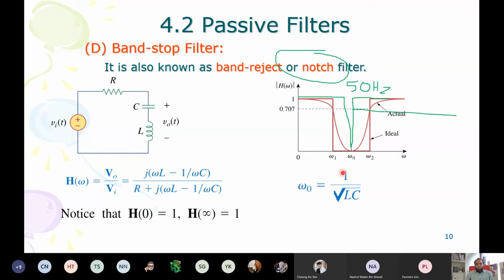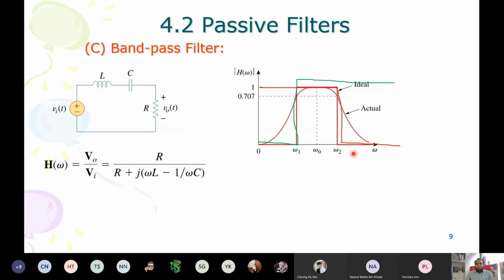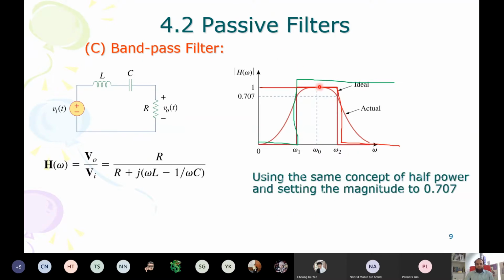Center frequency is the one at which the magnitude in this case is 0. For band pass, the magnitude is 1. Luckily, these are same for band pass and band stop, and 1 upon RC is the same for high pass and low pass. We don't need to remember many formulas.